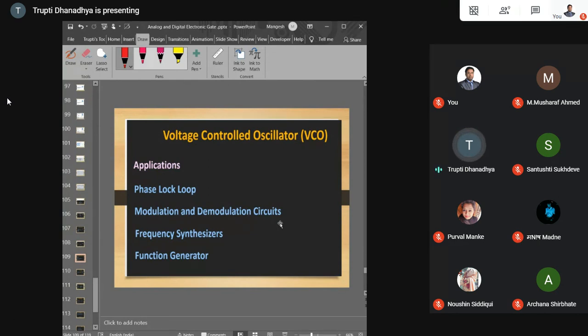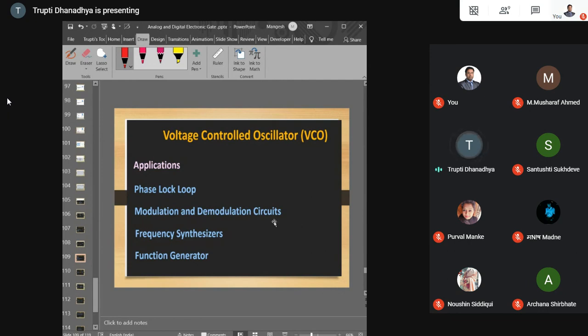For the triggering purpose of the monostable multivibrator, we require a function generator, because in the function generator we provide the square wave. Means we require the triggering to trigger one of the inputs of the IC 555. So this is the application of VCO.